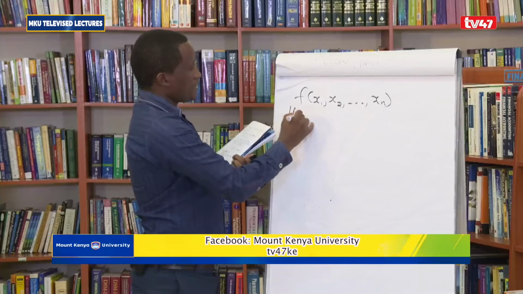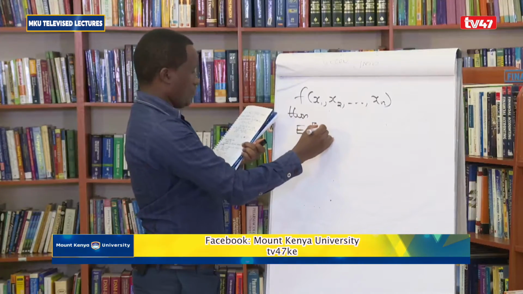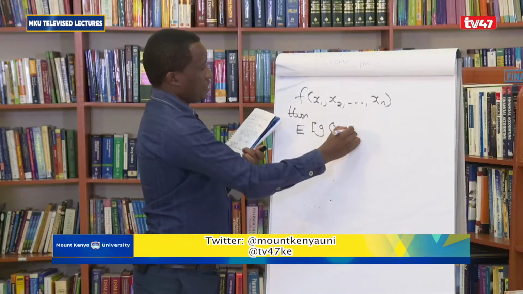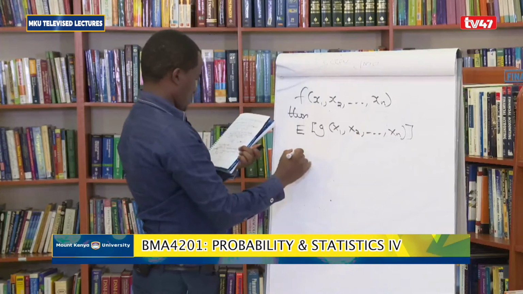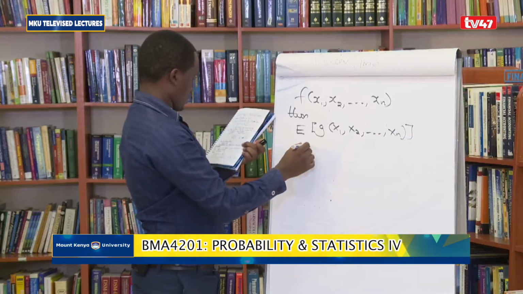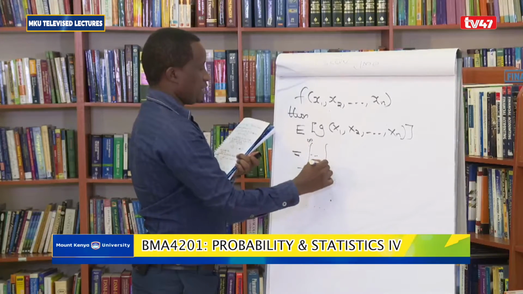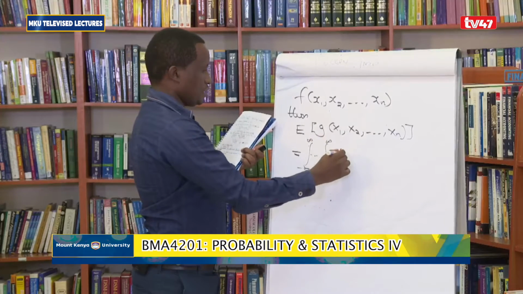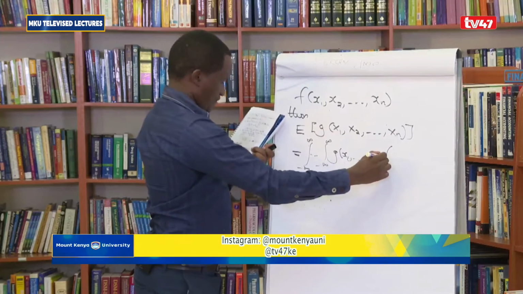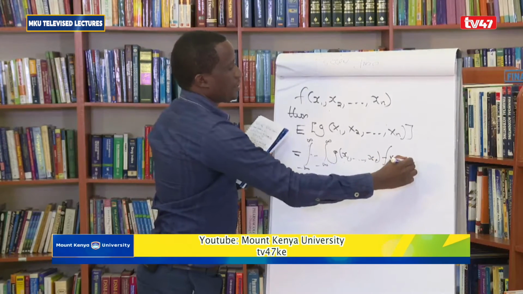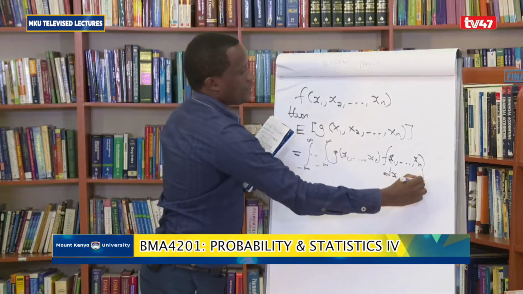Then the expected value of g of x1, x2, all the way to xn is the same as integral from negative infinity to infinity, all the way to integral from negative infinity to infinity, of g of x1, all the way to xn, f of x1, all the way to xn, then dx1, all the way to dxn.